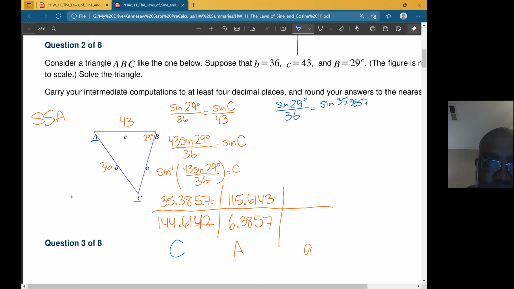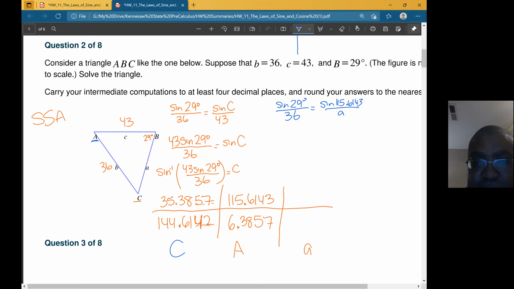Sine of, sorry, I lost my brain for a second there. Sine of 115.6143 over little a.